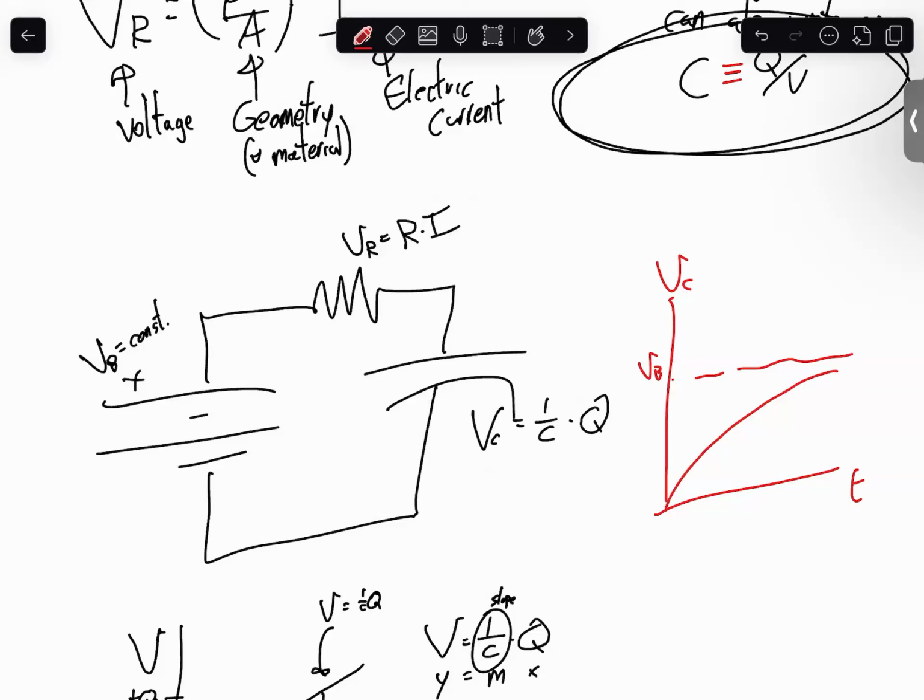What multiplies x in the graph y equals mx plus b? What does m tell you? That's the slope. Okay. Reflect on this, by the way. It's not C. We defined it upside down. It's inverse capacitance. 1 divided by C is the slope. Sorry. Makes it ugly.